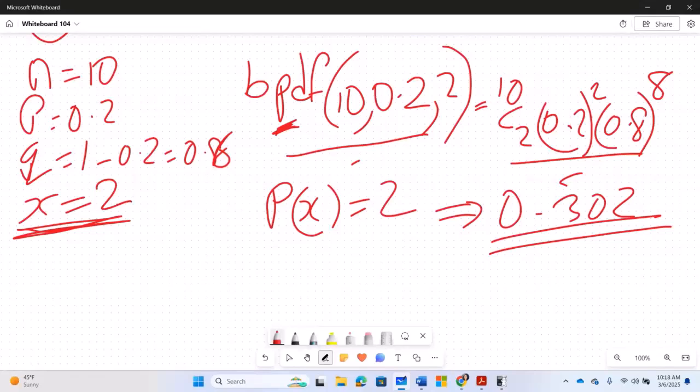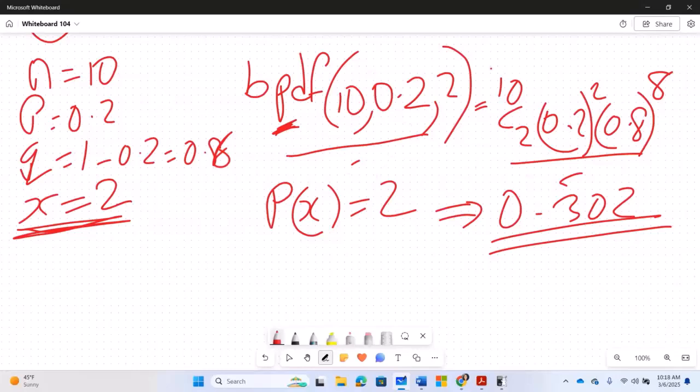The probability of getting a 2 is 302 out of 1,000. Okay, so if you do it by hand with the formula or with the calculator, you get the same answer.